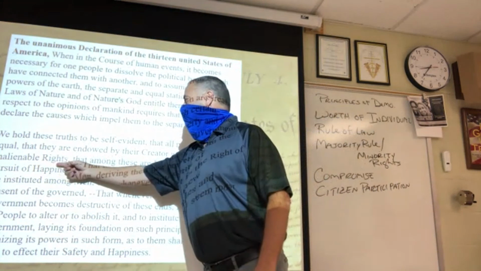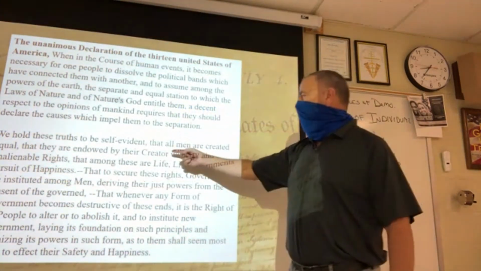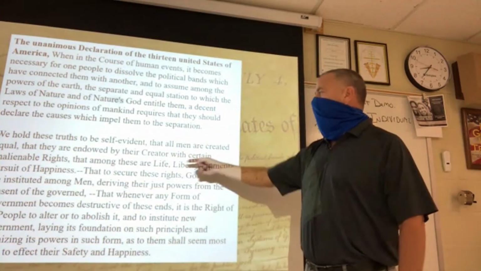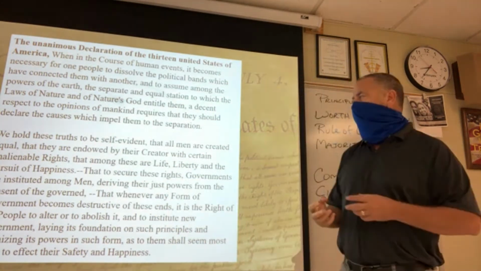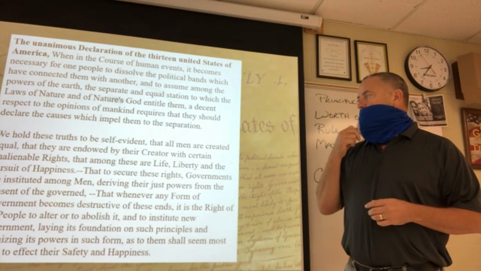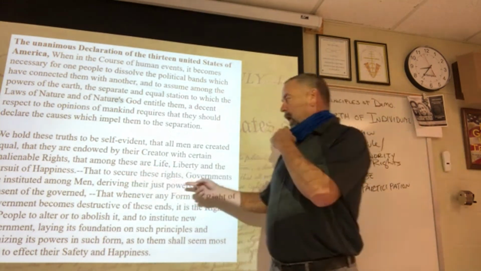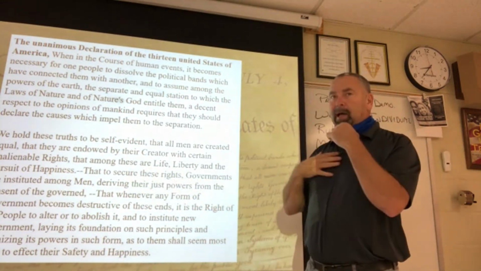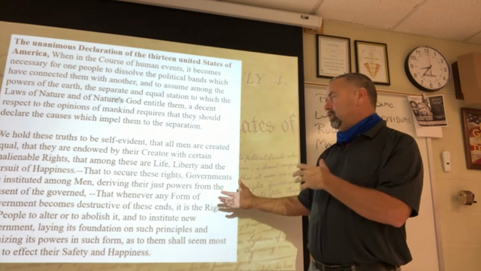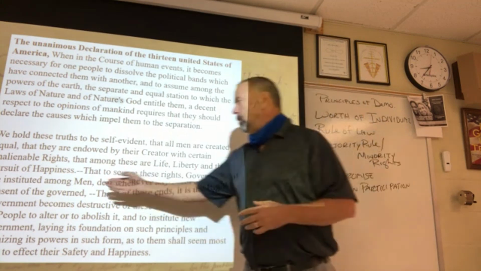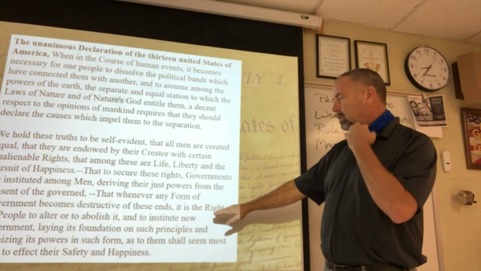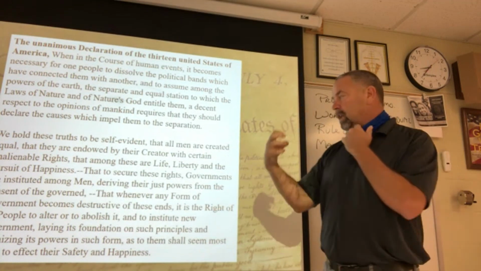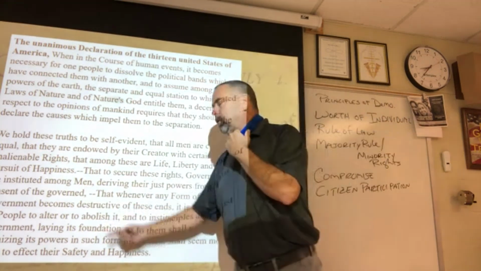We have unalienable rights given to us by our God, our Creator: life, liberty, and the pursuit of happiness. He changed it up a little bit. To secure these rights, governments are instituted among men, getting their powers from the people, the governed, just like Locke. And when a government becomes destructive, doesn't secure these natural rights, it's the right of the people to alter and abolish it.